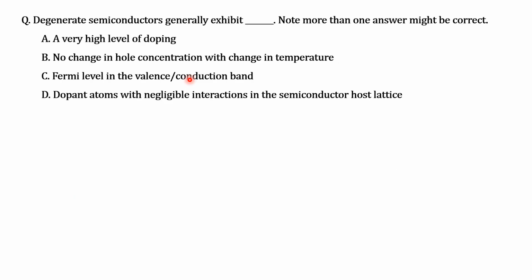So next is: degenerate semiconductors generally exhibit dash. More than one answer might be correct in this case too. So we have something known as degenerate semiconductors, and they have two characteristics, and these characteristics are given in the options. So what are those characteristics?